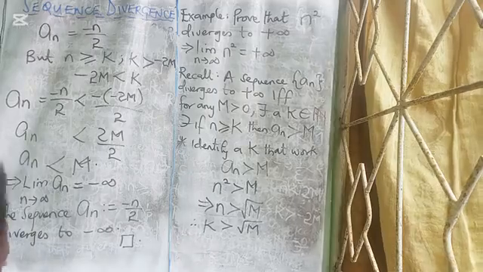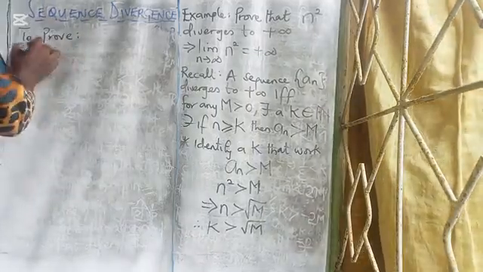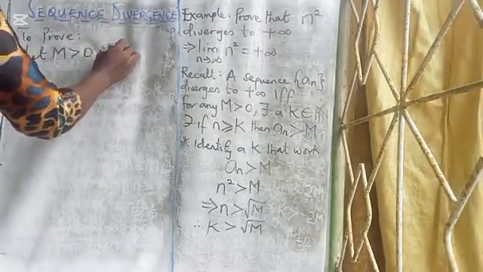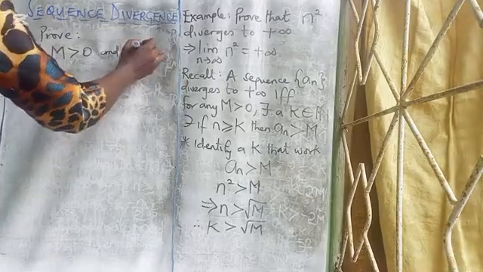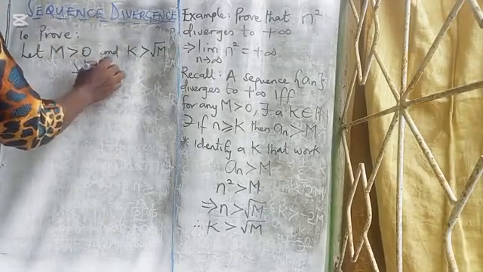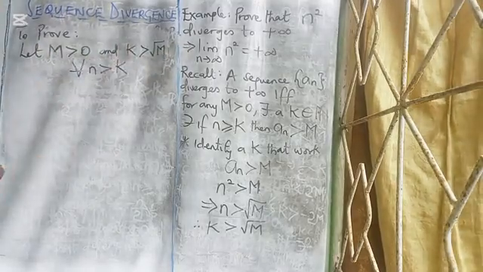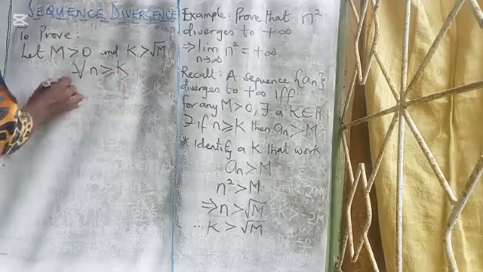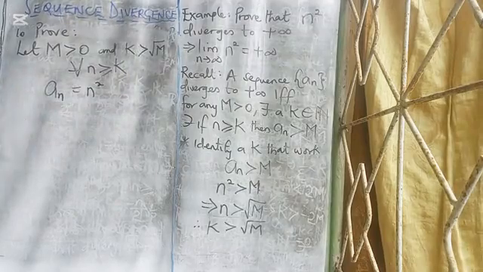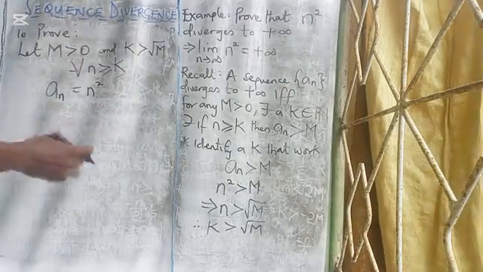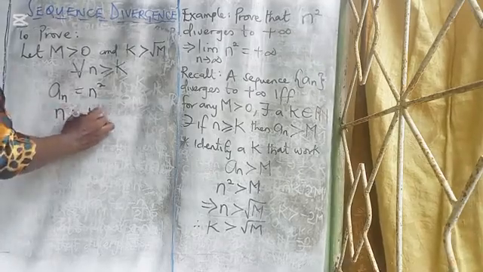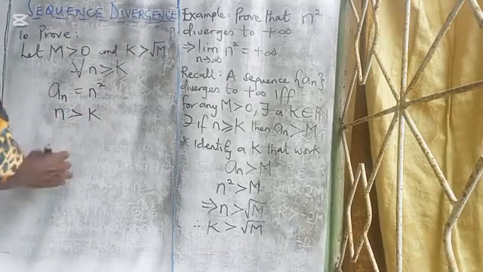Therefore, to prove, we need to make certain assumptions. Let M be greater than 0 and k be greater than the square root of M, for all n greater than k. If that is the case, remember that our sequence a_n is equal to n squared, and we have assumed that n is greater than k.